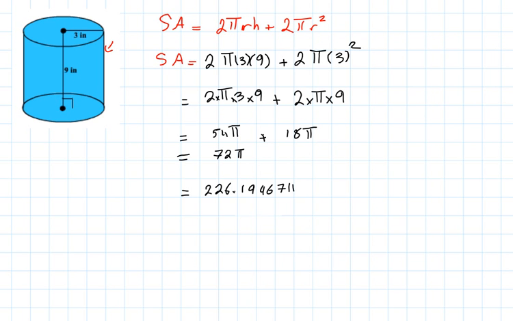When I say 2 decimal places, I'm going to put an imaginary line there, and after the 9 there's a 4, so that means the 9 would stay. So my answer would be 226.19. That's it. In this case, we're talking about inches squared. That's it.